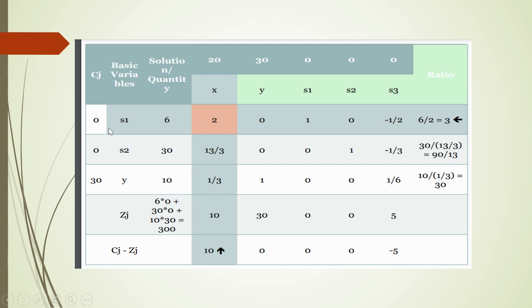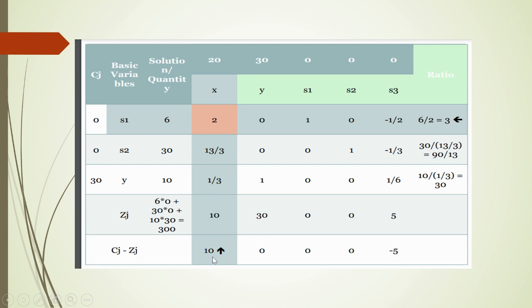The same goes for the other columns: 0 into 2, 0 into 13 by 3, 30 into 1 by 3, and after subtracting from 20, we get 10. So these are the values of Zj. When we subtract Cj minus Zj: 20 minus 10 is 10, 30 minus 30 is 0, 0 minus 0 is 0, 0 minus 0, and 0 minus 5 is minus 5.